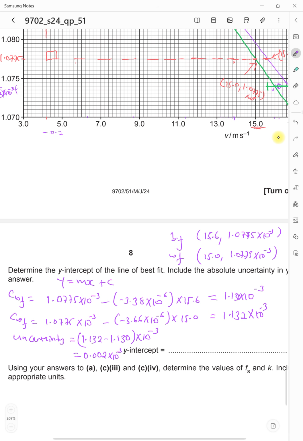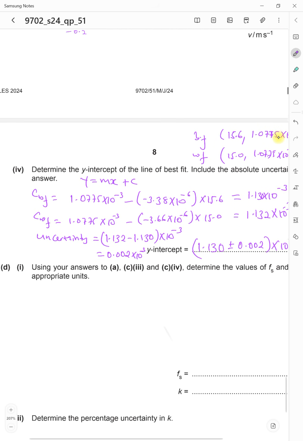So the y-intercept here is going to be 1.130 plus or minus 0.002, times 10 to the power of minus 3.